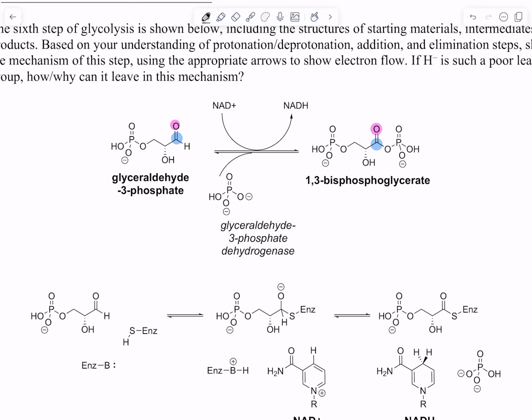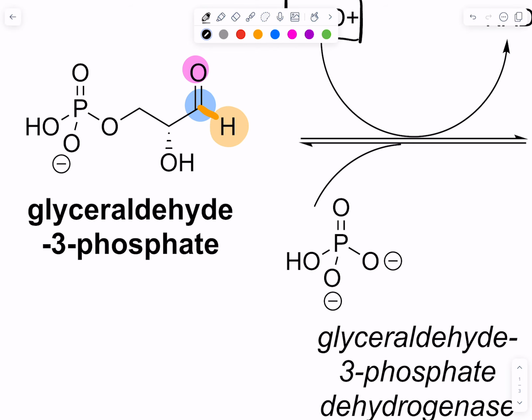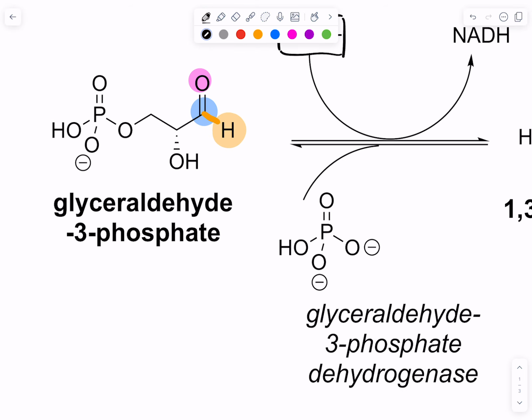This is going to involve using NAD plus as an oxidizing agent. We've already said that we need to get rid of the hydride, the hydrogen with its electrons. And the thing that's really bizarre about this is essentially we're asking for the hydride to be a leaving group, which we know it absolutely isn't.